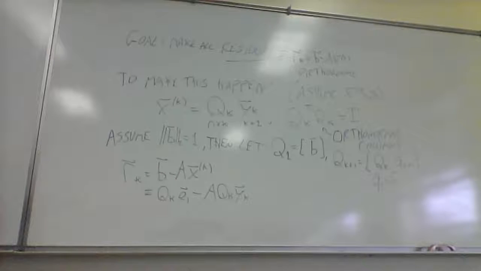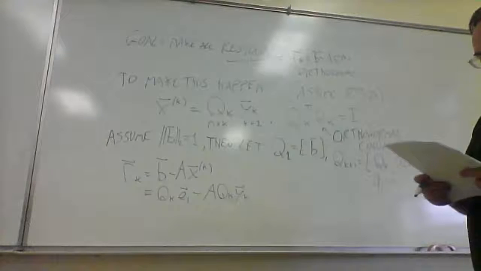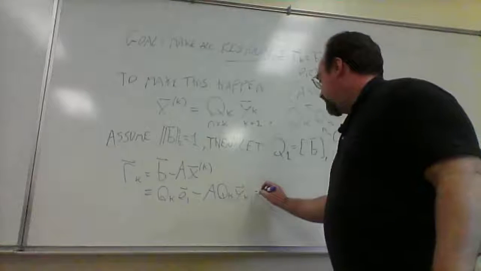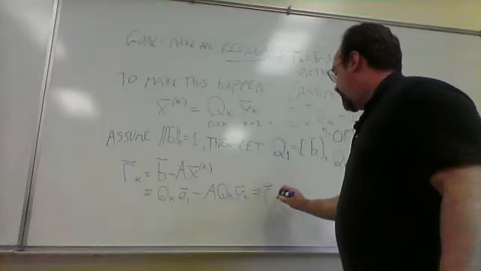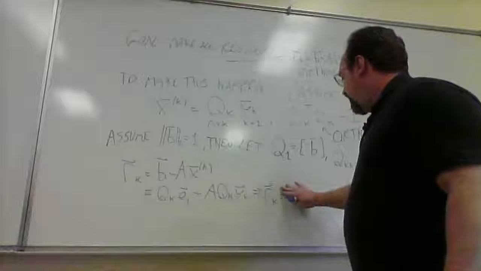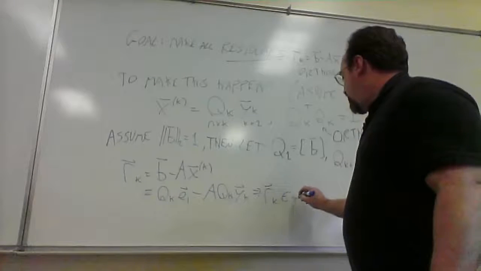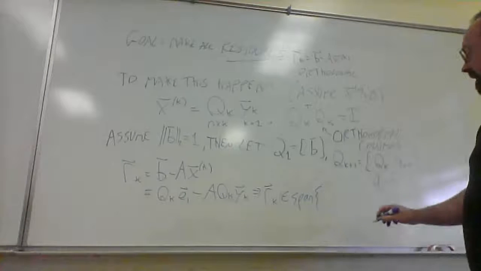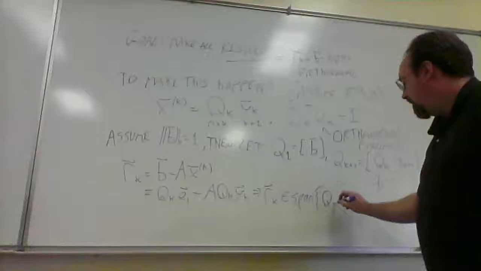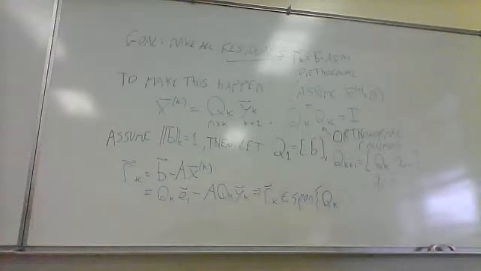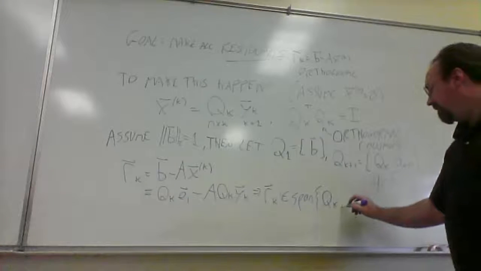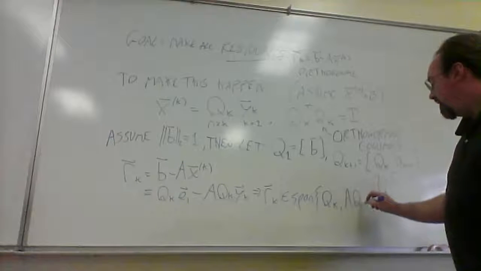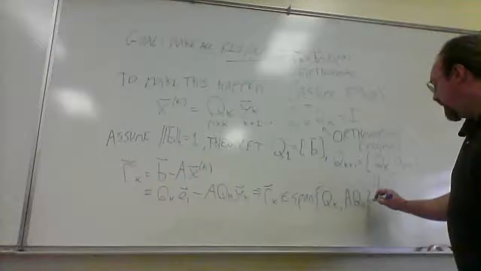All right. So what this tells us is each residual is a vector that's contained in the span. So it's a linear combination of columns in Q_k and all the columns of A Q_k.